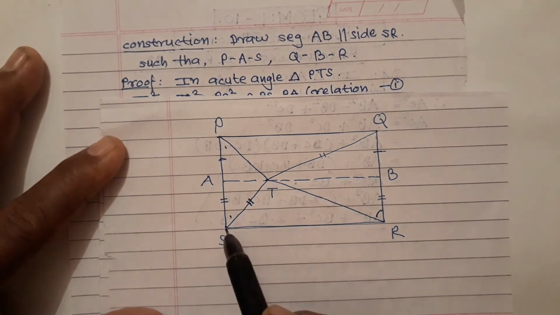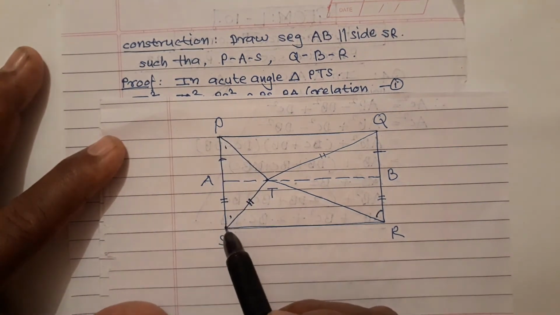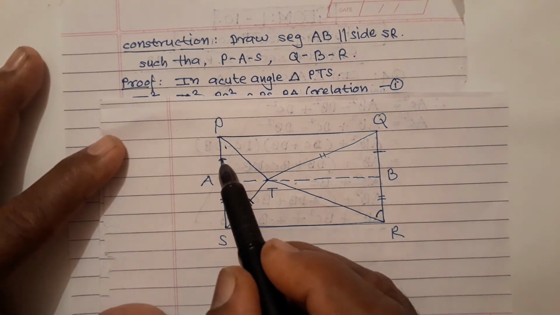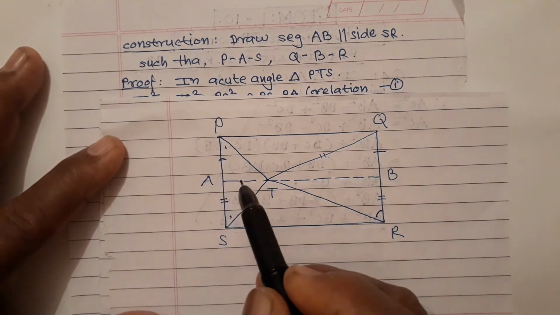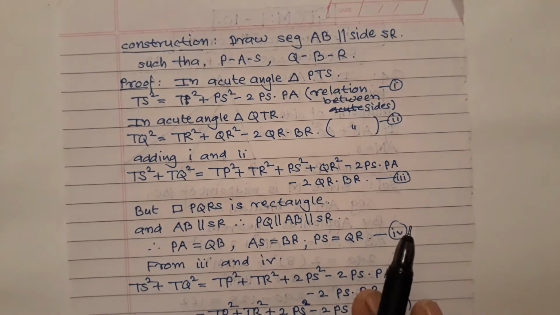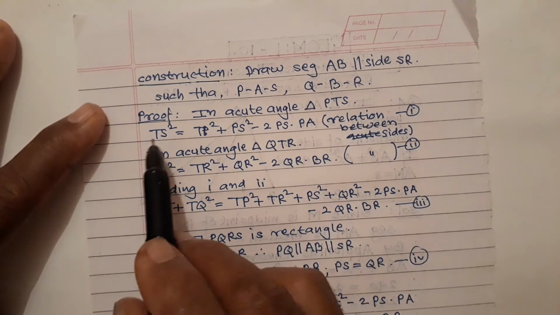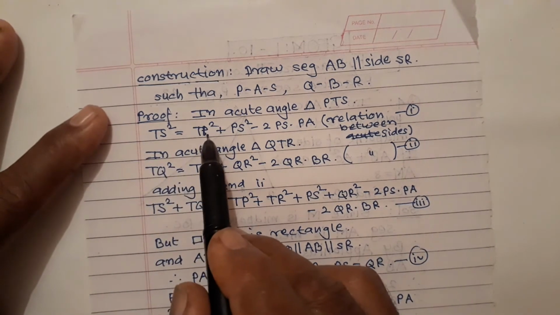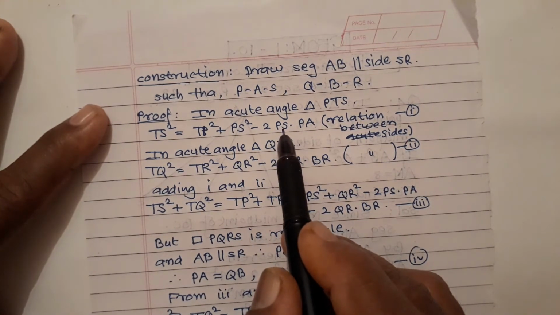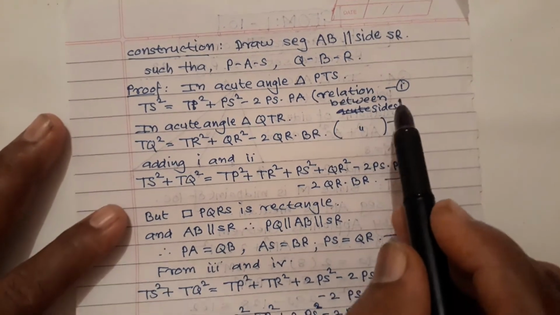So TS square is equal to TP square plus PS square minus 2PS into PA. Okay, this statement is very important. Reason: relation in acute angle triangle.